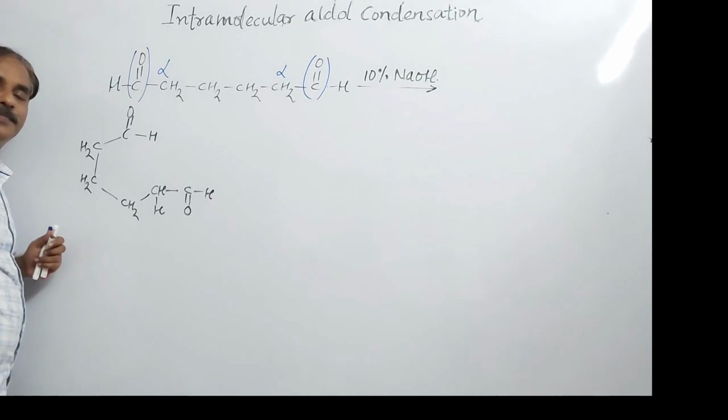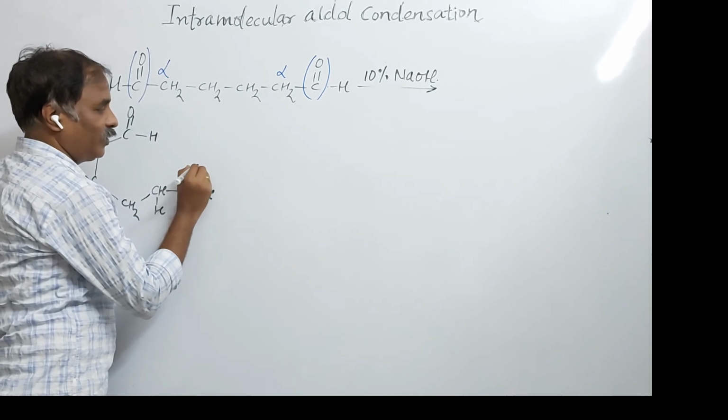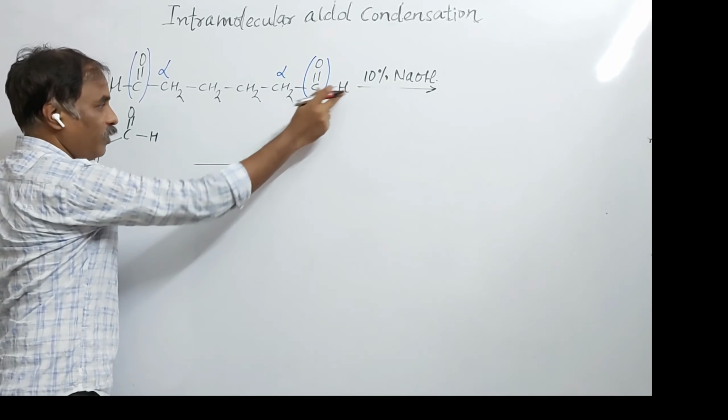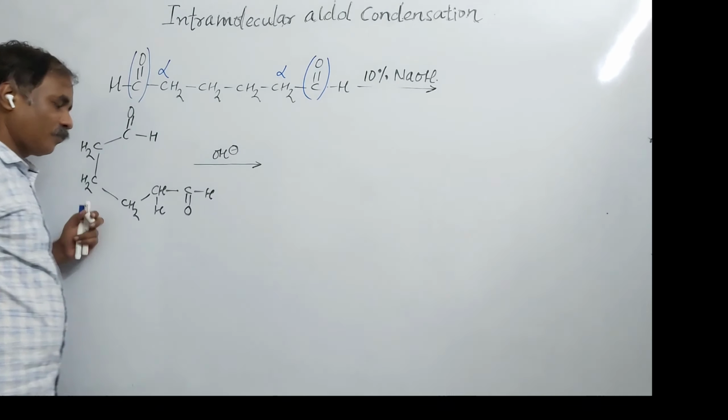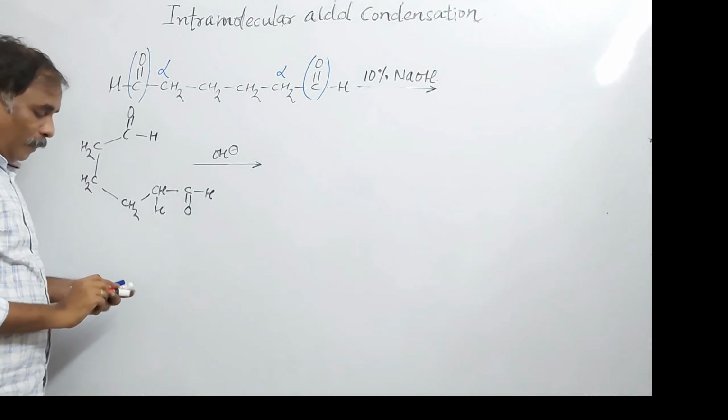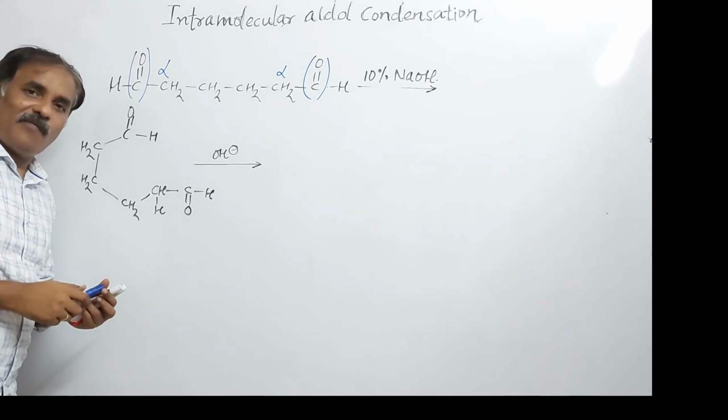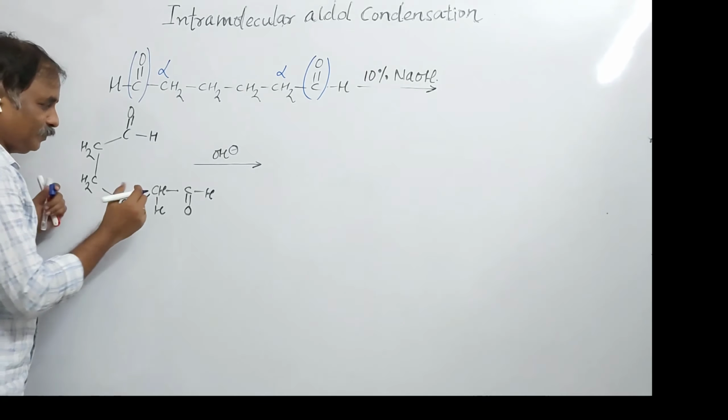So the reaction of this with base, I will take OH minus only. Abstraction of alpha hydrogen; here it is alpha, I will take this alpha carbon for carbanion formation. This OH minus, this base, is a proton acceptor.